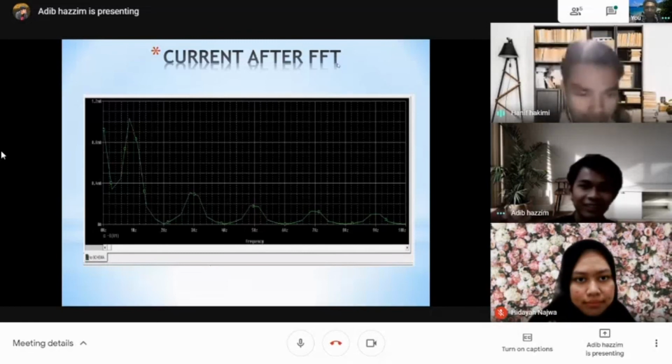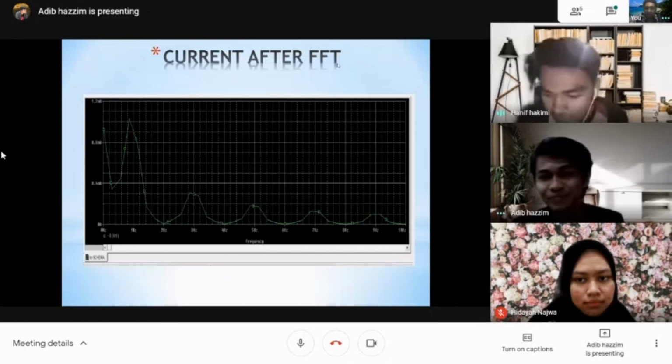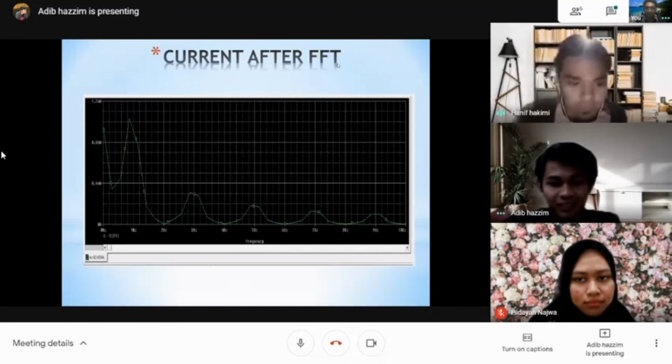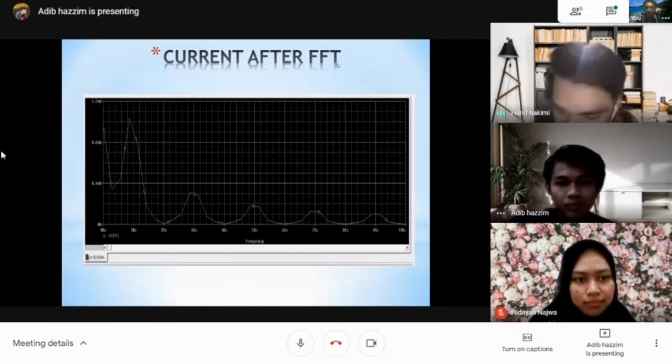So for the 3 pi, we get 471.57 micro. So from this waveform, we get 471.7 micro. So almost same with manual calculation.